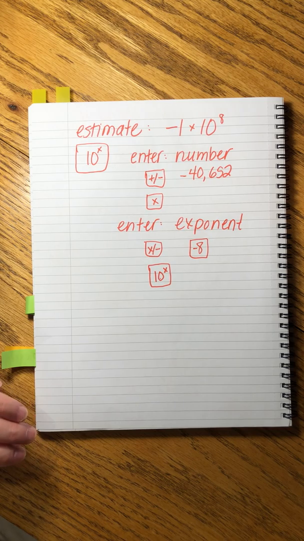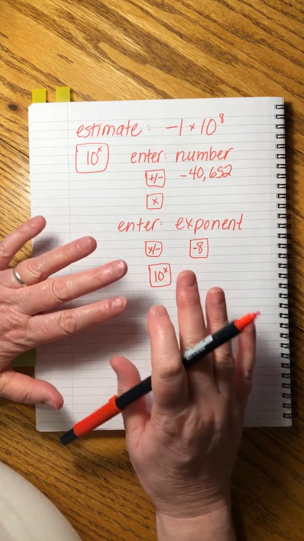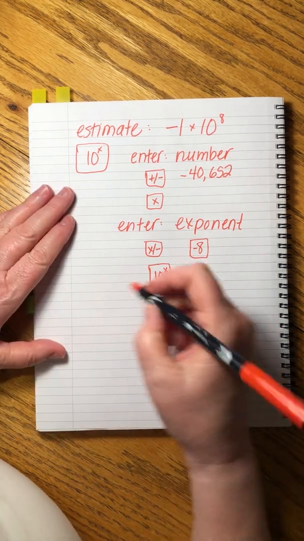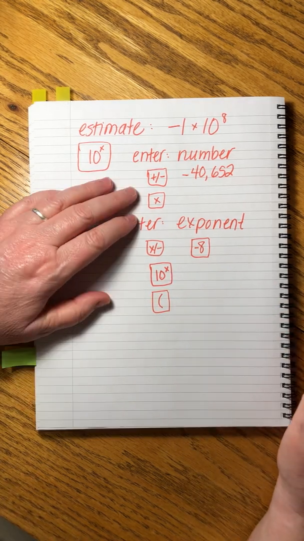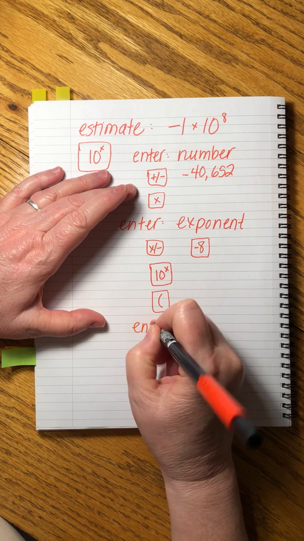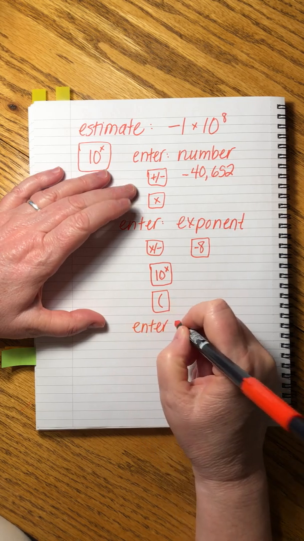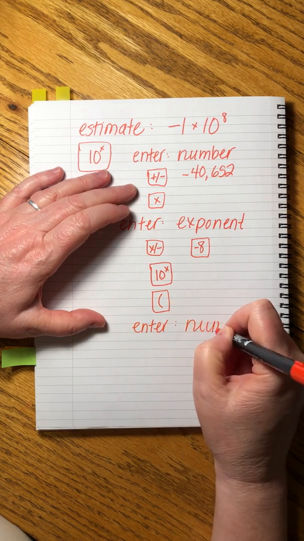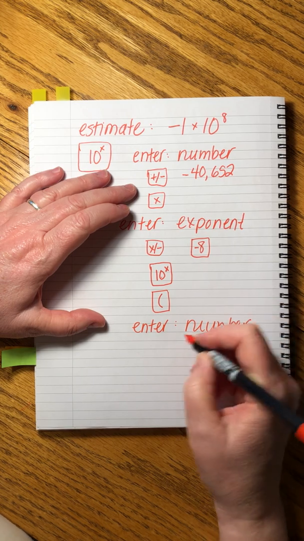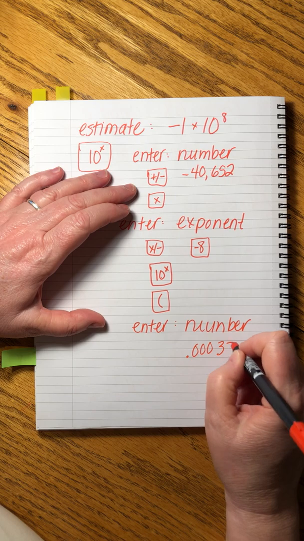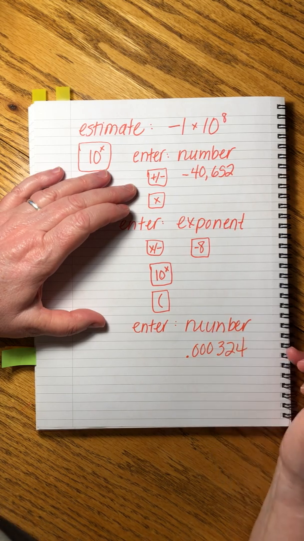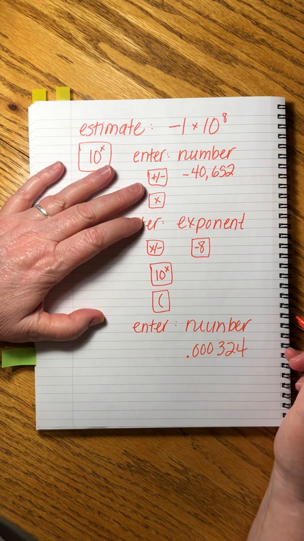And then what I would do is I would have that answer, then I would open the parentheses, and then you have to do the very same thing with the second one. Enter the number, and this time it's 0.000324. It's positive, so you don't have to worry about the plus minus.